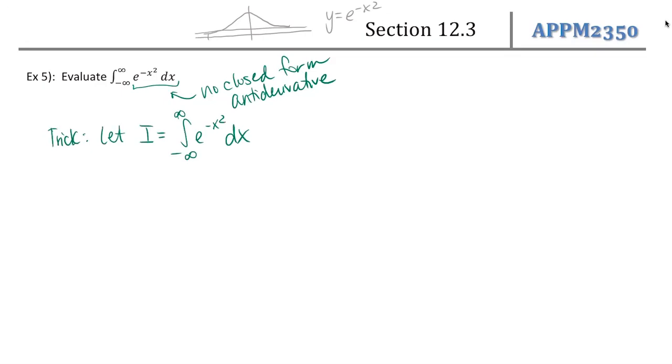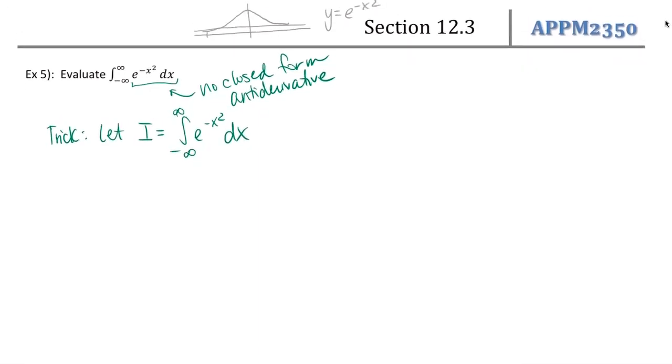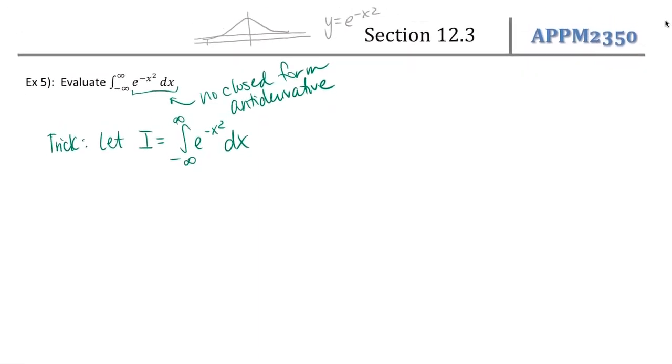All right, I'm going to call this integral I, and now I could say, well, then I squared would be this integral multiplied twice. And I'm going to do it again, but I want you to notice with integrals, I'm just using dummy variables.